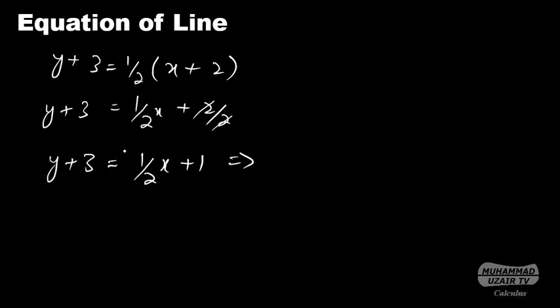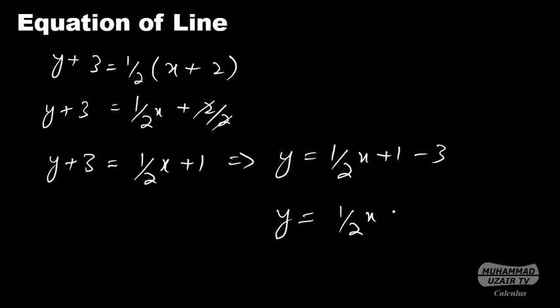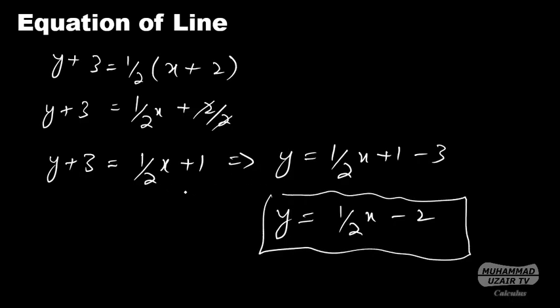So y is equal to 1 over 2 x plus 1 minus 3. y is equal to 1 over 2 x minus 2. So this will be the equation of line for point and slope.